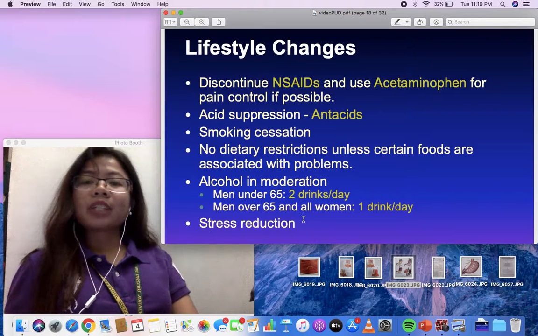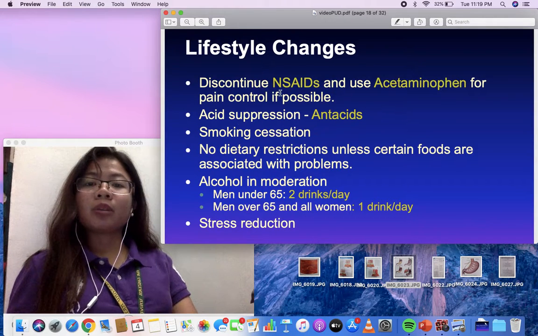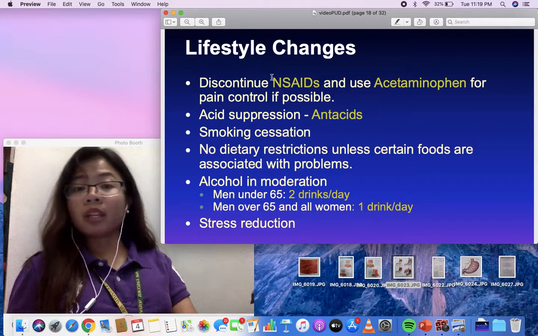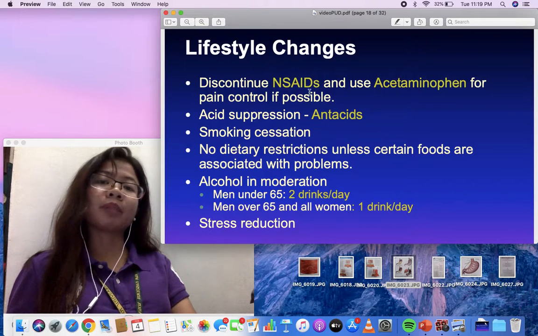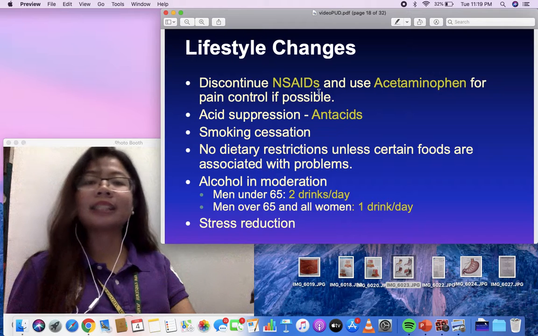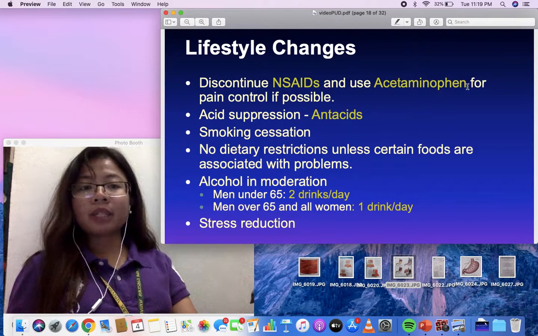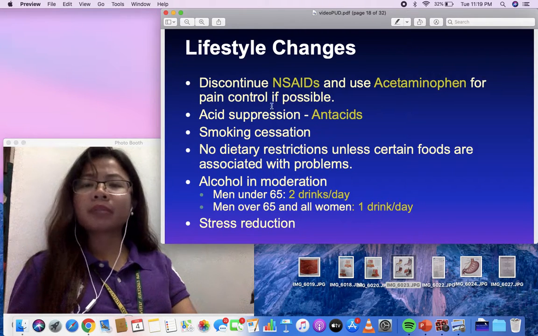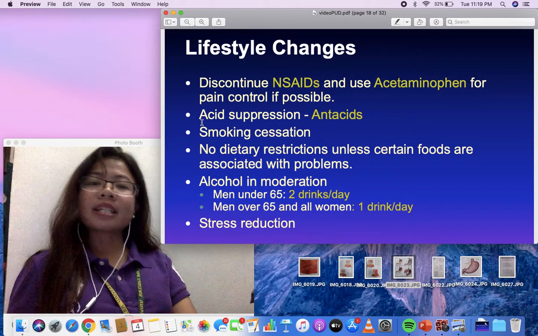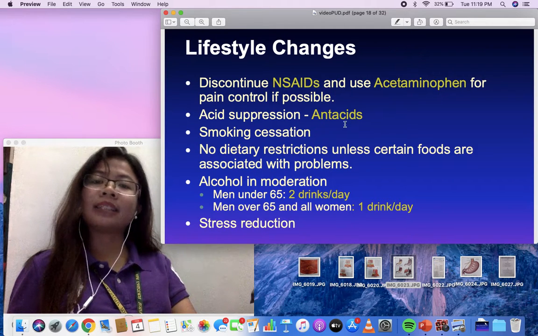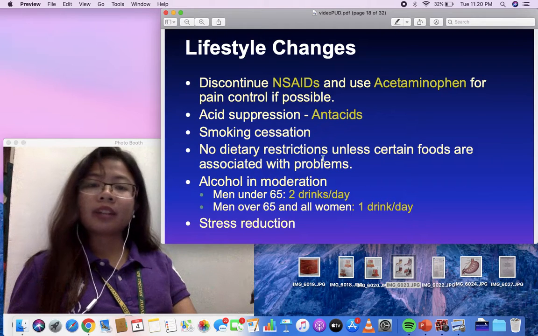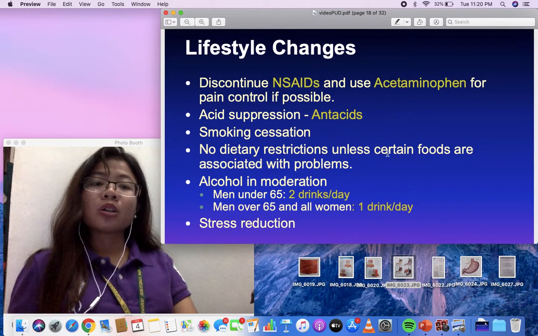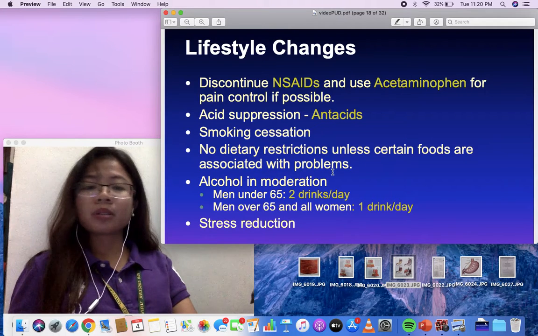For the lifestyle changes, let's discontinue the non-steroidal anti-inflammatory drugs or the NSAIDs and use acetaminophen for pain control if possible. Next, acid suppression, antacids, smoking cessation, no dietary restrictions unless certain foods are associated with problems.